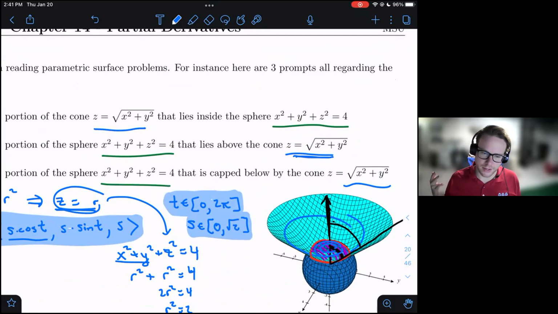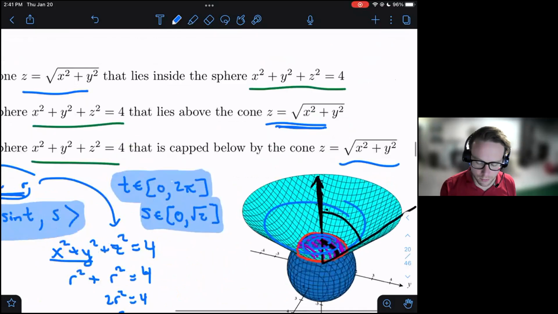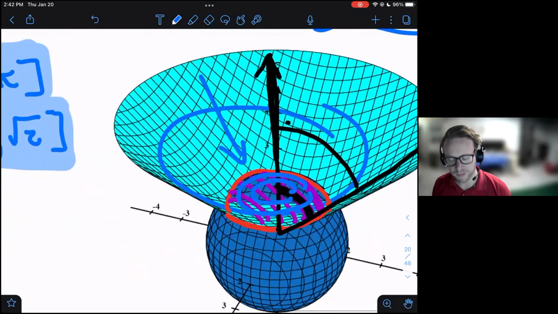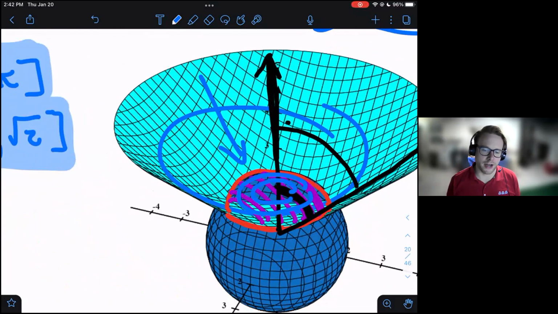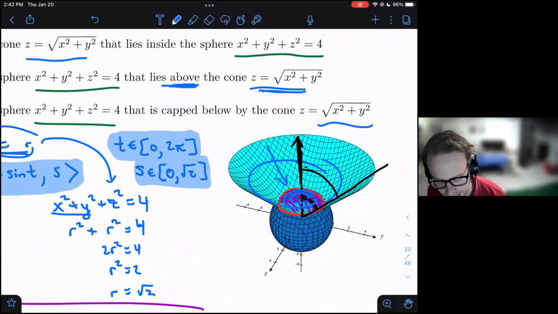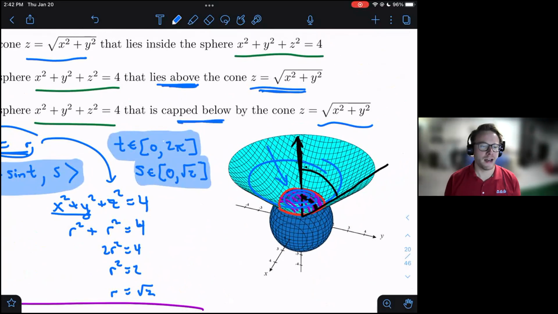If you want the piece that's capped below by the cone, well, you want the top of the sphere. You want this piece up on top that we just parametrized. And so you do have to be careful: one says lies above, versus one says capped below. These are two different ways of expressing the same thing.